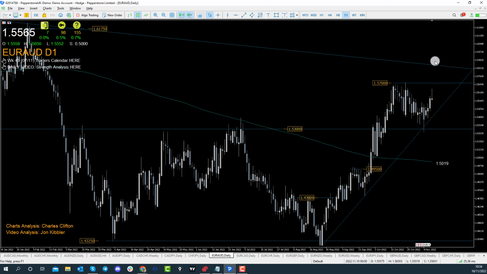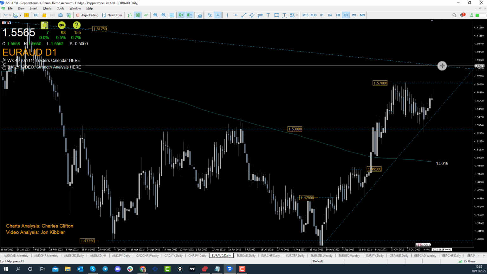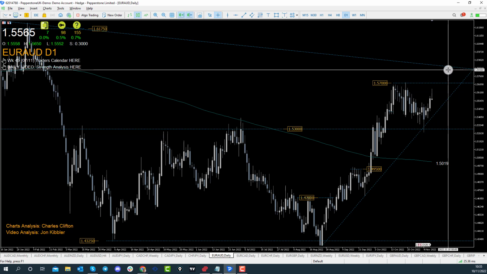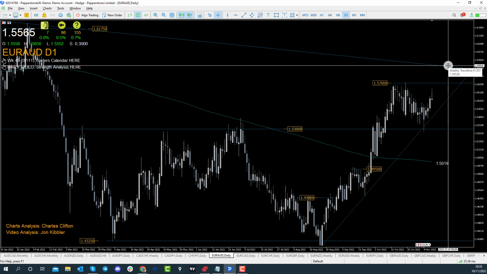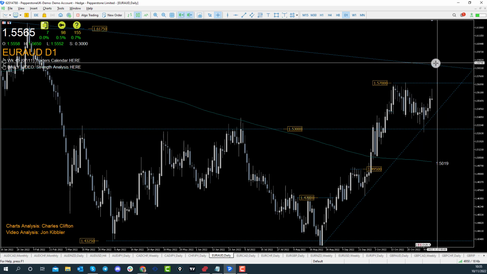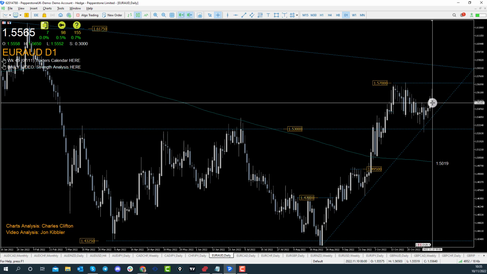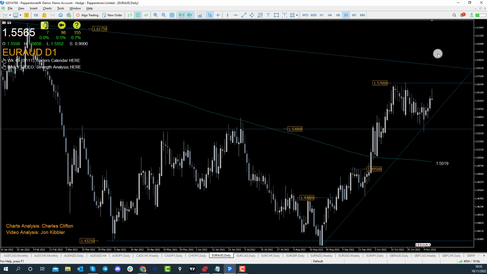So I would be looking to get out around this area here, between 1.5820 and 1.5850. That's where I'd be looking to get out of this market if price was to move in our desired direction.